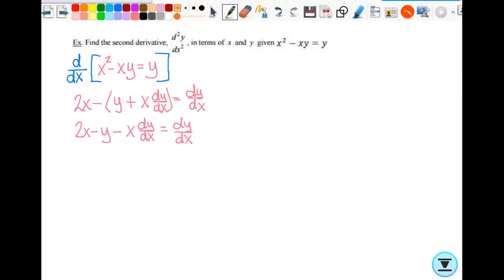2x minus y. Yep, good job. So go on and find the second one. You had your numerator and denominator flipped. Okay, got that. Well, what happens with this term? If you divide this by dy dx, what do you get? It's really 1 plus x. No, you had a minus.